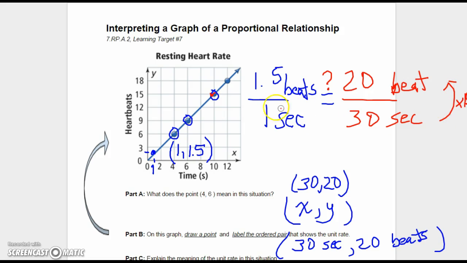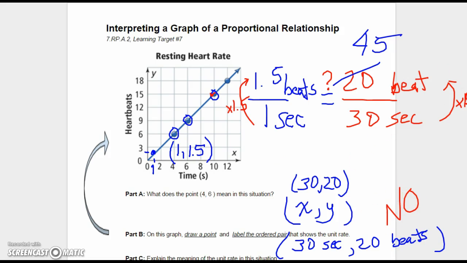I'm writing times 1.5, but I'm running out of room. I know that the number of beats is 1.5 times the number of seconds. So 30 times 1.5 is not 20. 30 times 1.5 is actually 45. So that means the answer to part D is no. 30 seconds and 20 beats would not be on this graph.